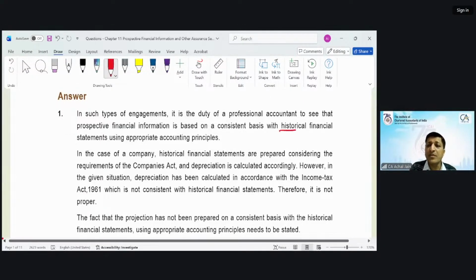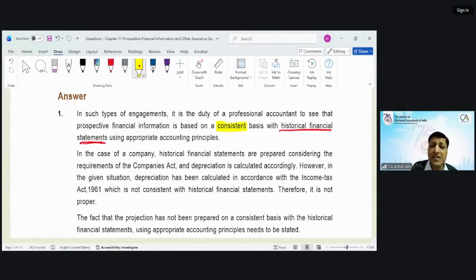Historical financial information. Yes or no? Because that will become the basis for you to think of the future, apply the assumptions on the historical information, and then construct the numbers for the future, which is about prospective financial information. Correct. Now, for you to do that, what do you need? Historical financial information. And there has to be some consistency around it.